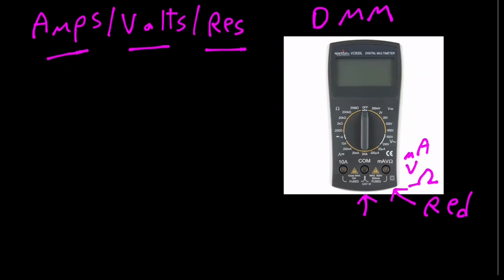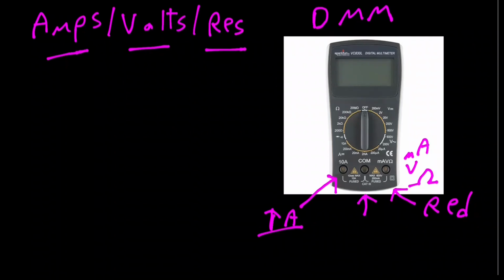However, if you're going to be measuring current on a much larger scale, or larger amounts of current, then you're going to be placing the red probe here instead. So this is for increased amounts of amperage.